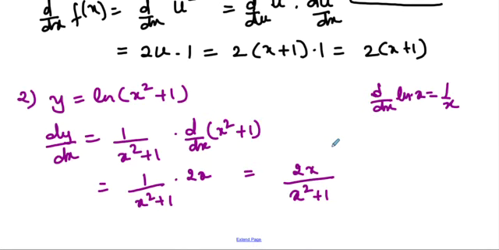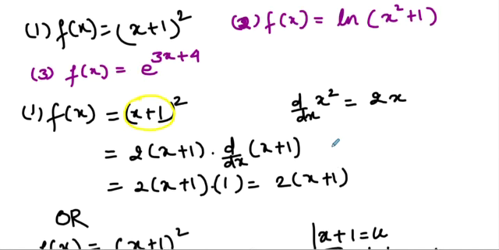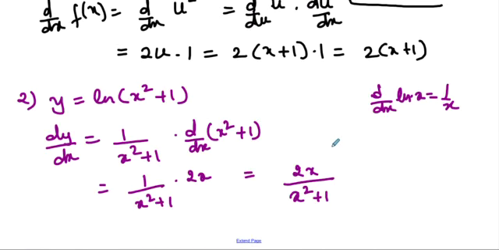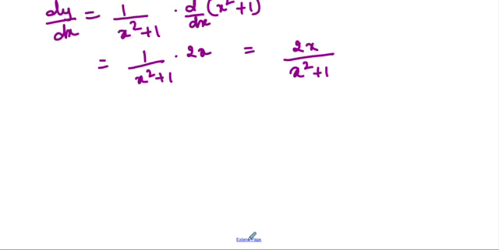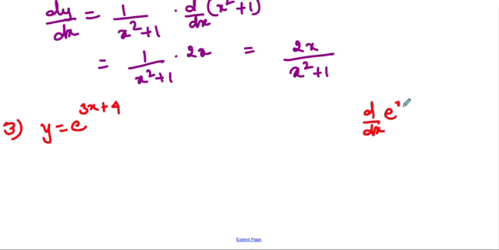Let's look at the third example now. The third example is e to the power 3x plus 4. Suppose we have y equals e to the power 3x plus 4. We know that the derivative of e to the power x is e to the power x.